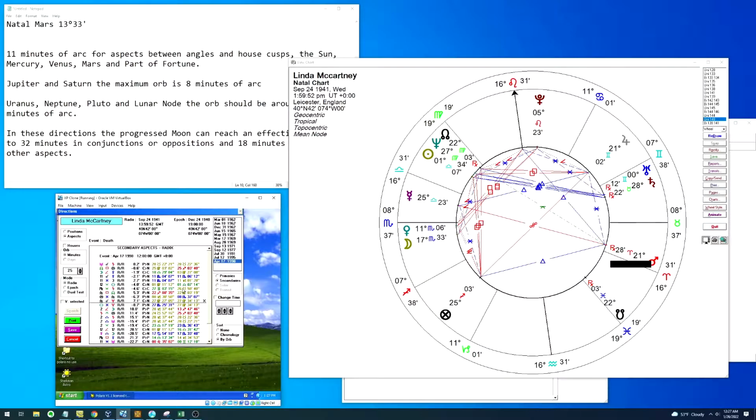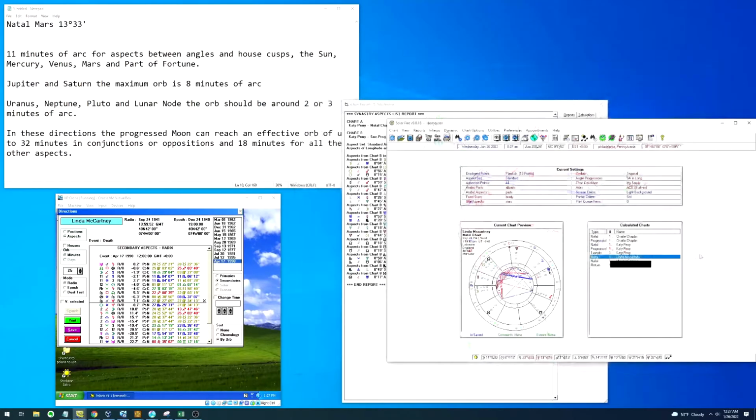Now the problem here is that these aspects will not appear with this tight of an orb if the radix is not rectified properly. And the rectification has to be done with topocentric techniques, of course. And you can never expect any kind of aspect with such clarity to appear in any other system. So that's basically our second example.